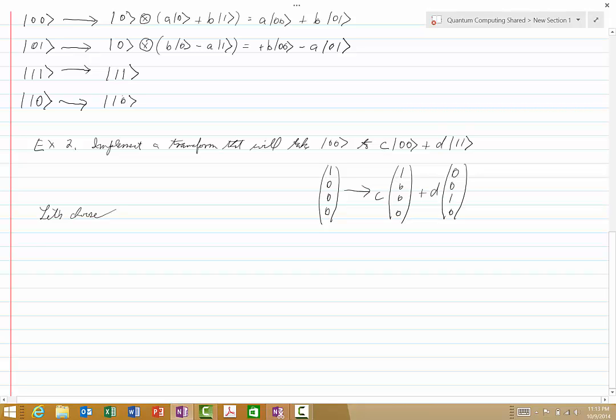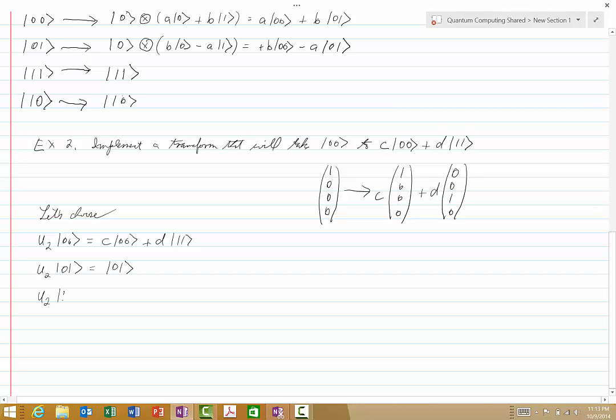We'll call this one U2, and so we'll have U2 of 0,0 will be equal to C times 0,0 plus D times 1,1. U2 of 0,1 will be 0,1.